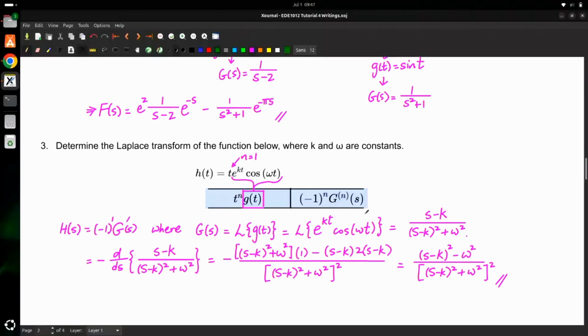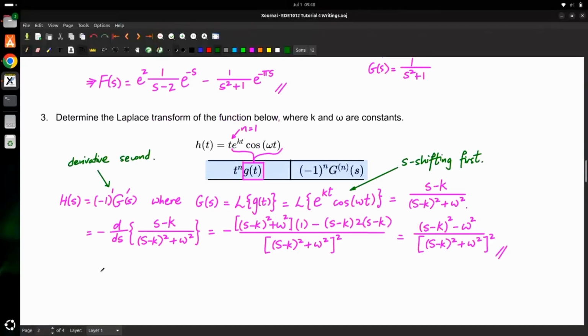So this part is s shifting first, then this will be derivative later. I put all here. You can also do derivative first and s shifting second. So this one you can try.